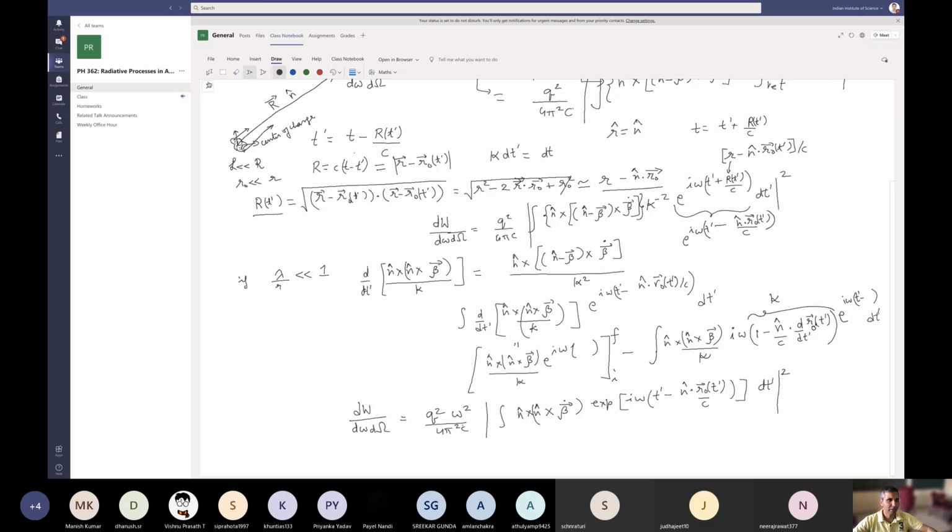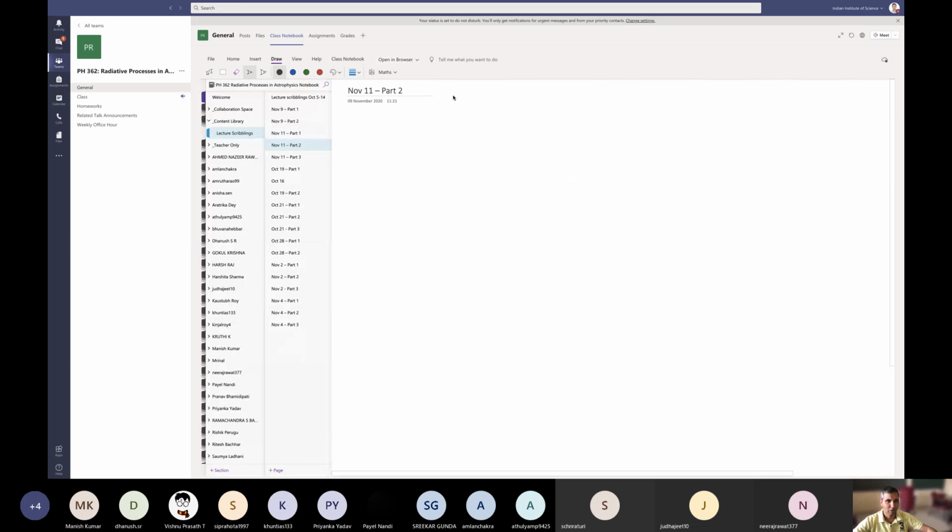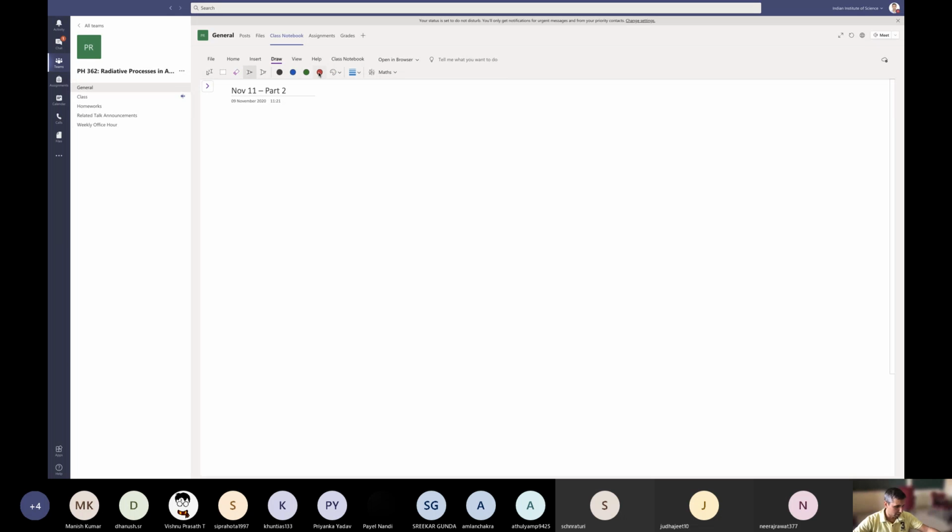Okay, so now we'll go to more simplification. We will go to radiation due to non-relativistic charges.